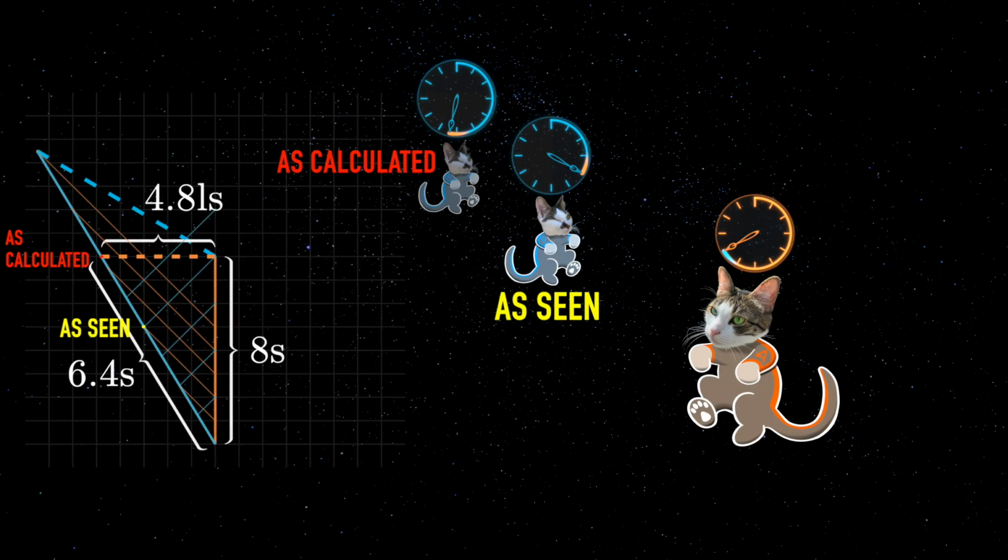Bobby's clock is time dilated, not Al's. But both clocks can't be ticking slower relative to each other, right? We have a paradox.